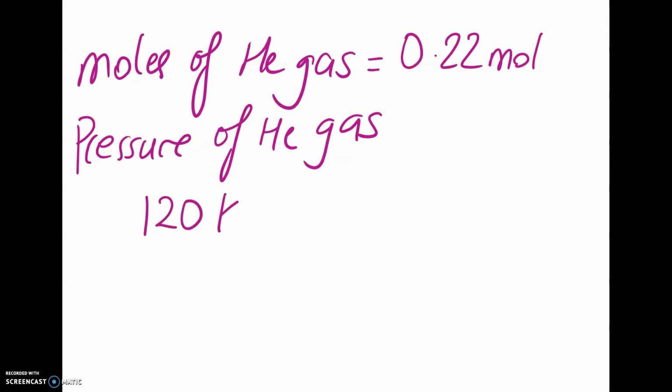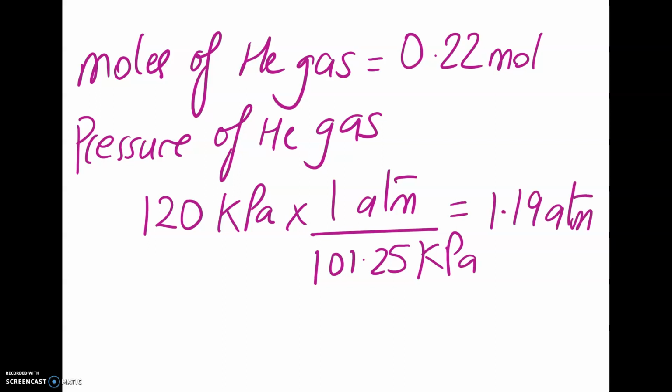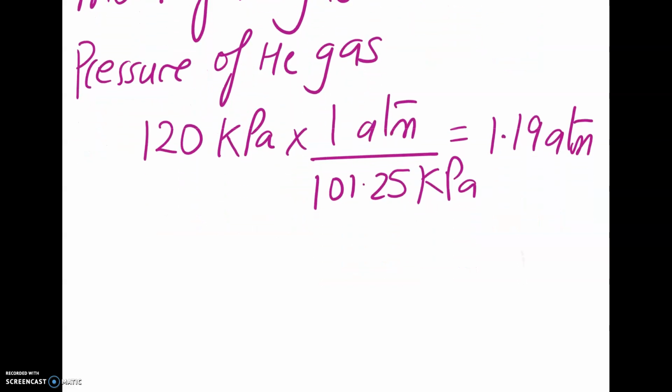I've got 120 kilopascals. If I was to then times over 1 atmospheric pressure and divide by 101.25 kilopascals, the answer is 1.19 atmospheric pressure. ATM is how we write it down.